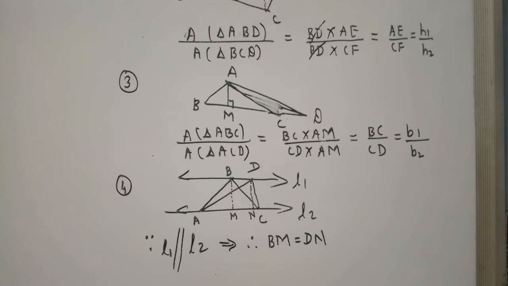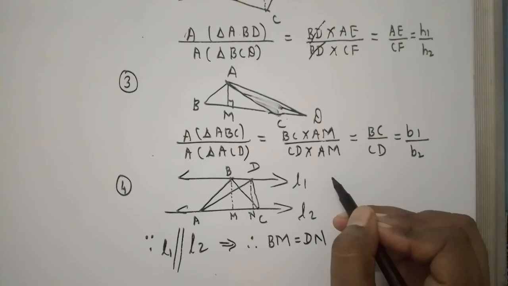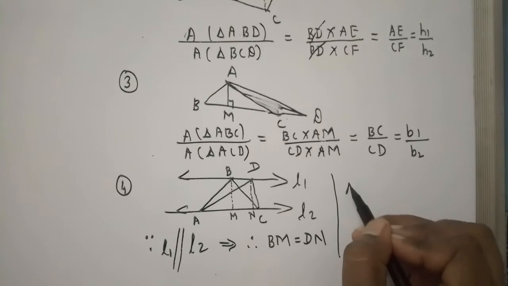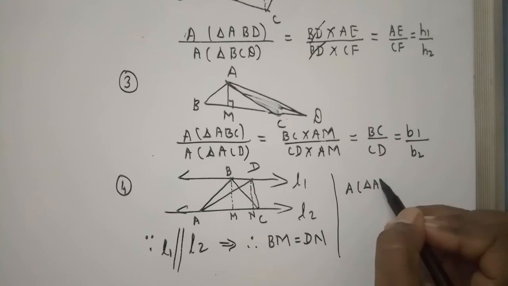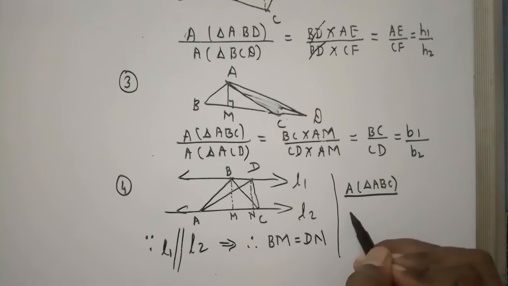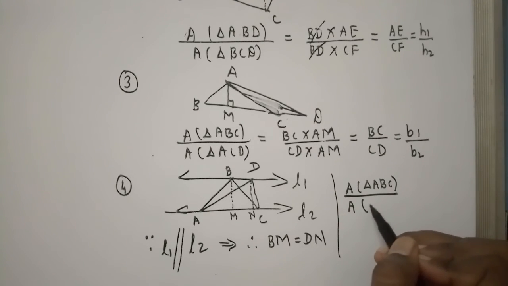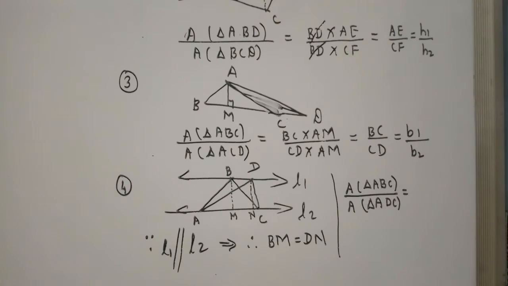Let's compare the area of these two triangles. That means here I'll be writing area of triangle ABC upon area of which triangle? ADC. And when you see, same rule, half will get cancelled. Already we have checked.